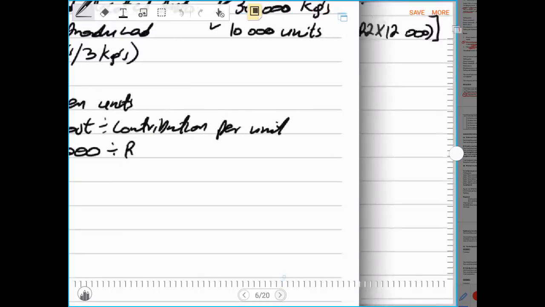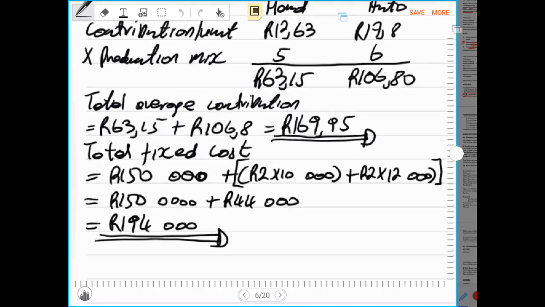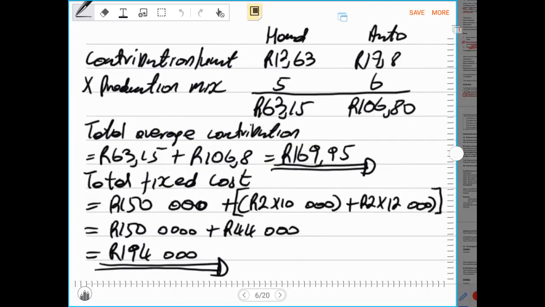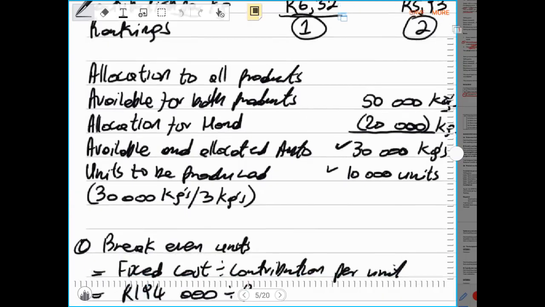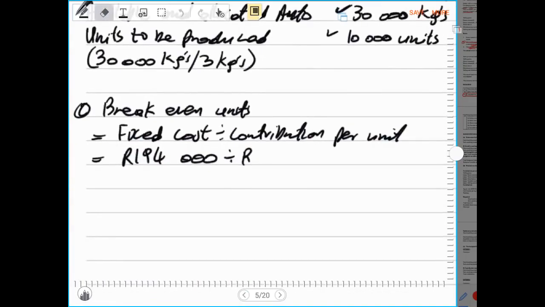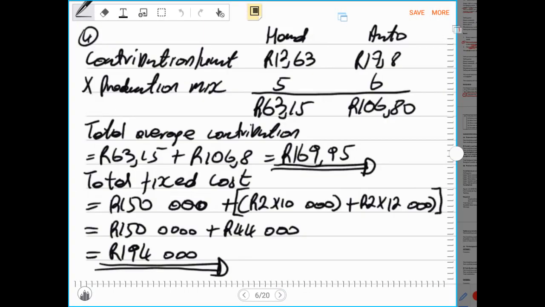Let me check the workings there. This will have to be another random working. Maybe you can just say working number 4, because it was just random from the question and we collected information from different angles. So we say 194,000, which is working number 4, divided by the contribution per unit that we calculated to be 169.95.